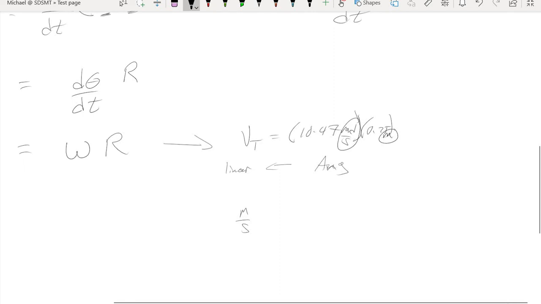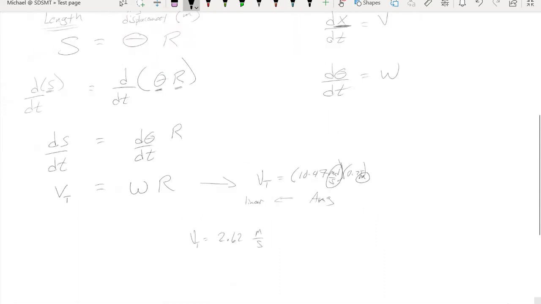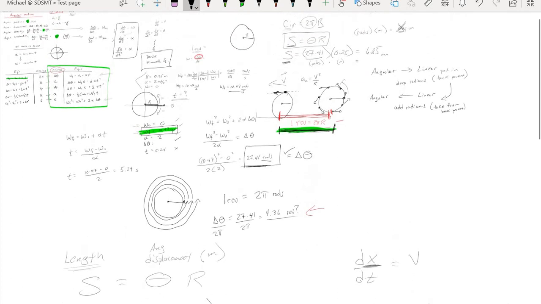We have 10.47 times 0.25, and that gives us a linear velocity of approximately 2.62 meters per second.